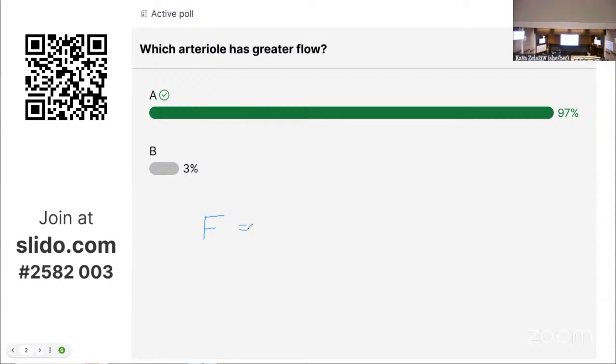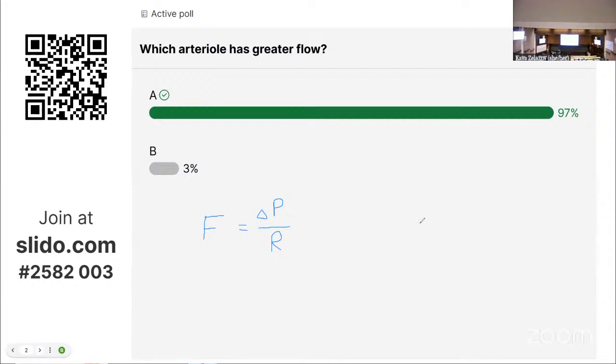So we know we have to think about pressure differences, and we have to think about resistance. In this example, we have the same pressure difference across A and B, so that's not a concern when we're thinking about flow. This comes down to the resistance.